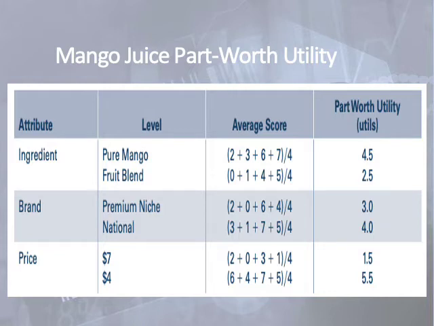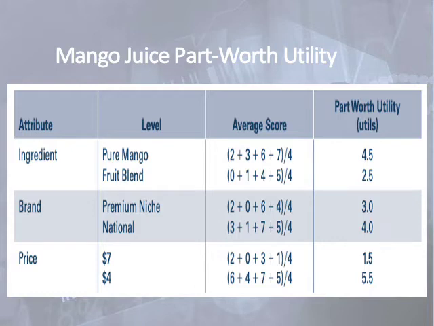For example, you declare that your target market prefers pure mango juice offered in the national brand at the price of $4. Although you might be right, you cannot claim it to be precise and accurate, because you did not finish the process. It is actually the result of your perception, when it should be the perception of your consumers and not yours. So you need to undergo the entire process.